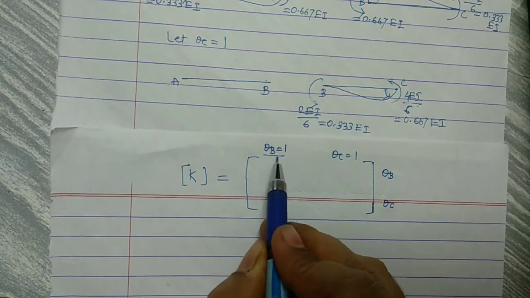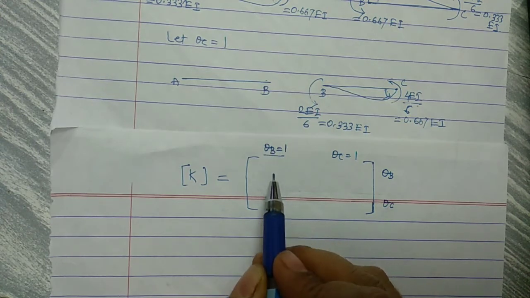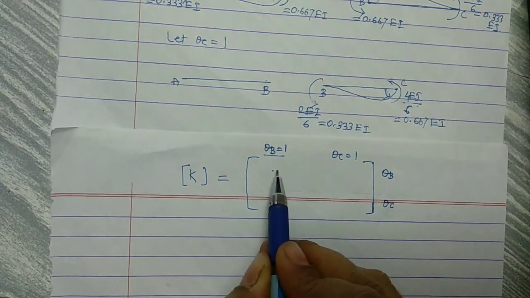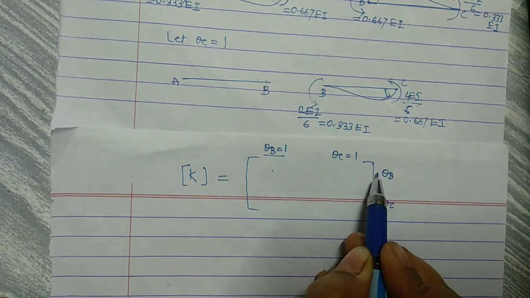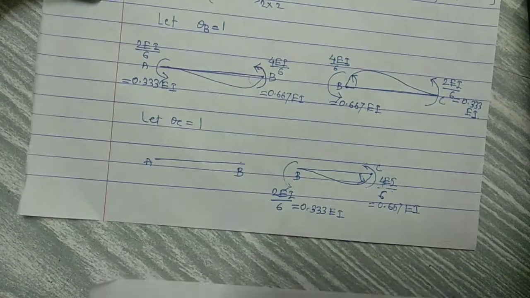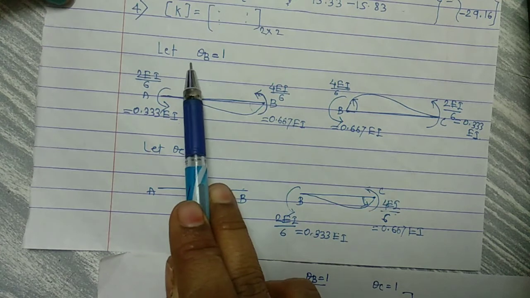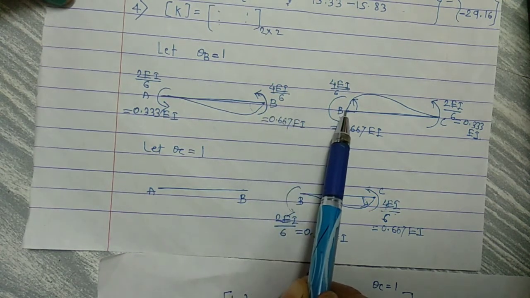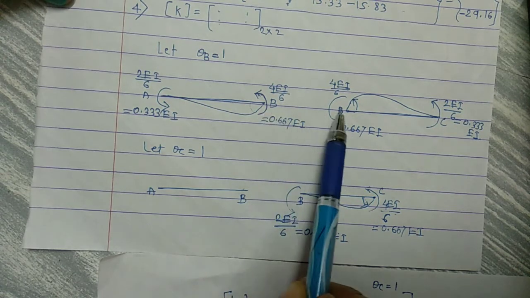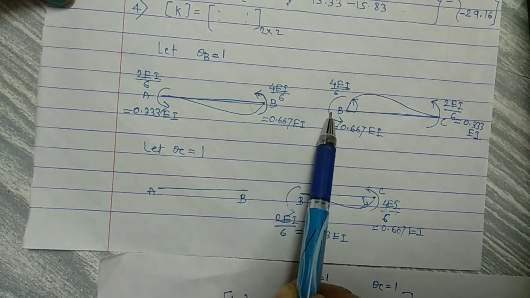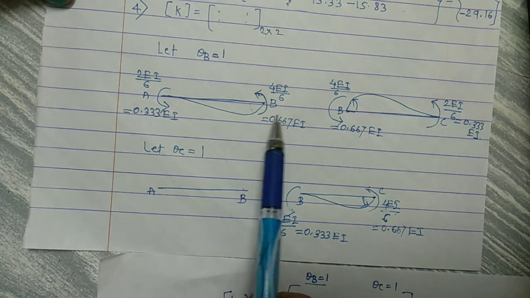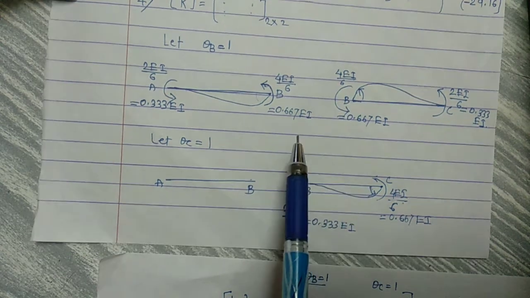So when theta B equal to 1, the first element to be written here in the first column is the action corresponding to theta B. So when theta B equal to 1, what is the moment at B point? At B point, AB member and BC member, both moments you have to take and do the summation and write that down as the final. So here this 0.667 anti-clockwise, this 0.667 anti-clockwise.